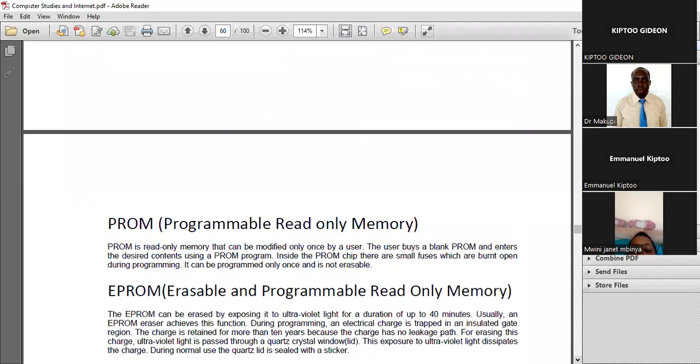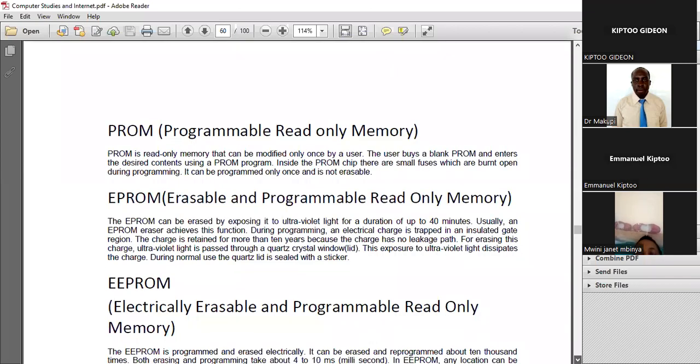It becomes useless because you have burned fuses and there is no way you can return it again. So wrongly burning the fuses means wrong programming, and your instructions cannot be erased, so you throw away that PROM chip. So that is the working of programmable read-only memories.